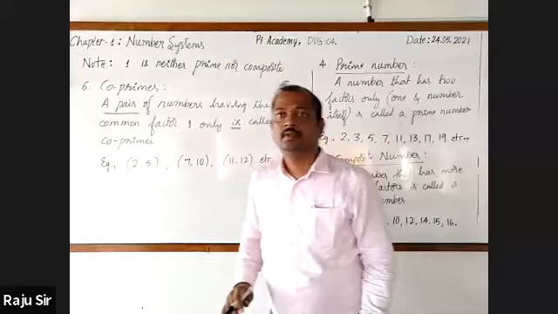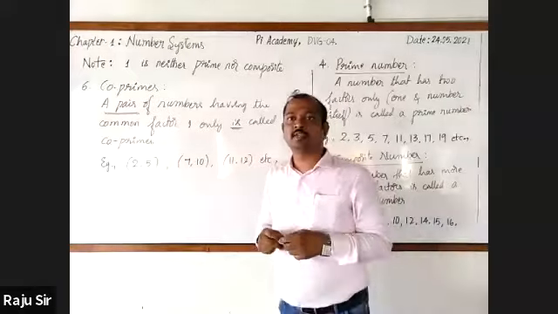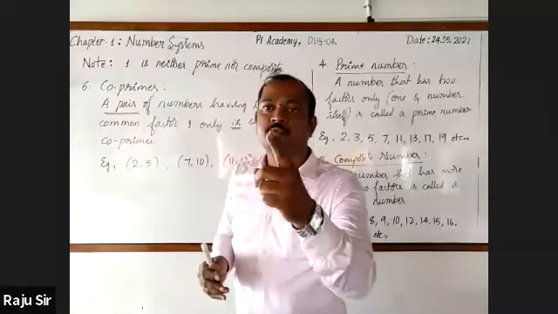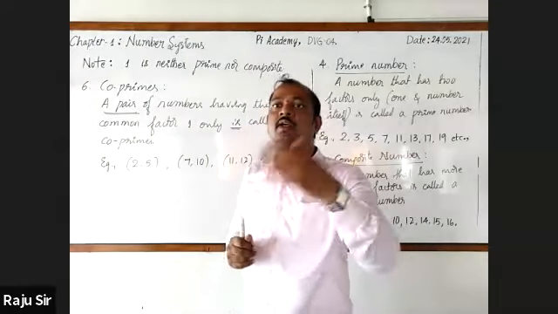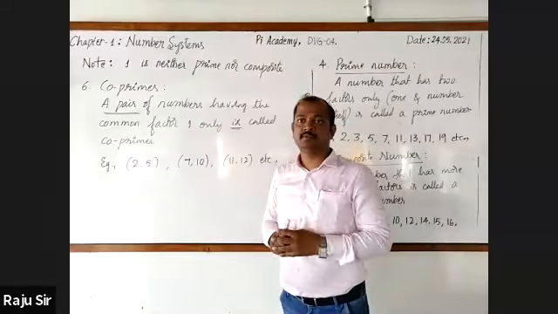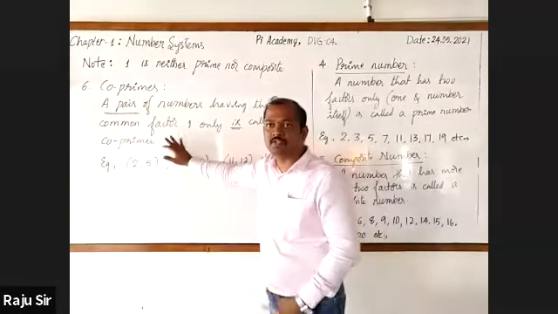It can also be defined as a pair of numbers whose HCF is 1. A pair of numbers whose HCF is 1, or a pair of numbers having the common factor 1 only, is called co-primes. So this is some simple basics regarding this chapter.